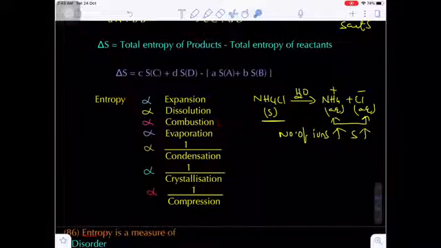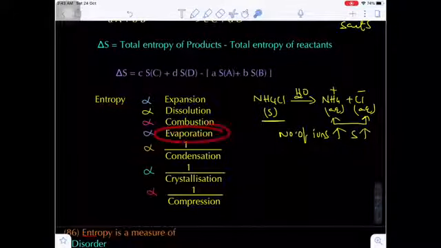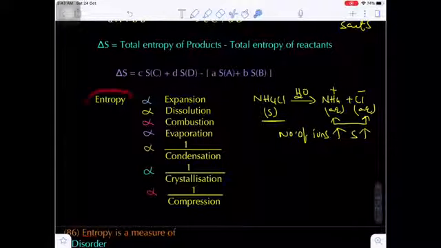Next, combustion. In combustion also, the number of gaseous moles, especially carbon dioxide, increases and water vapor is also formed, due to which during combustion entropy increases. Evaporation. Evaporation is the conversion of a liquid into a vapor. So randomness increases, entropy also increases.